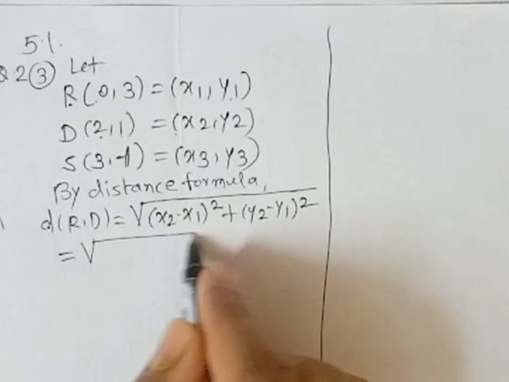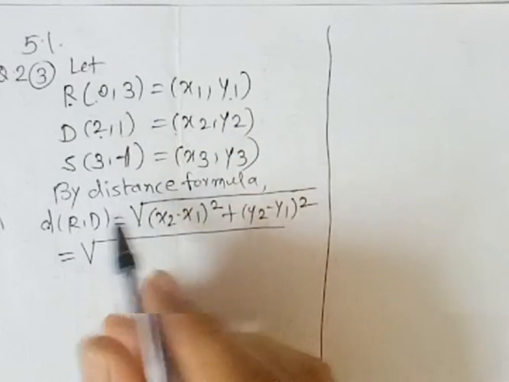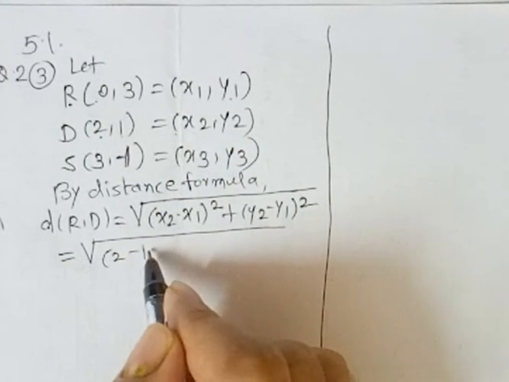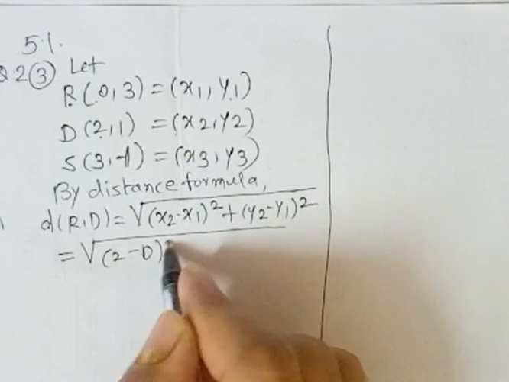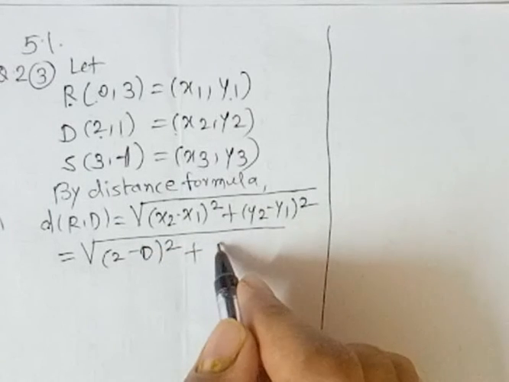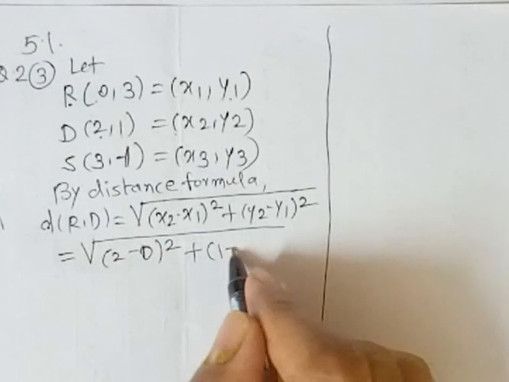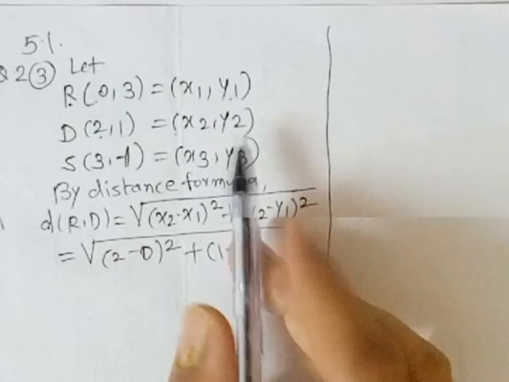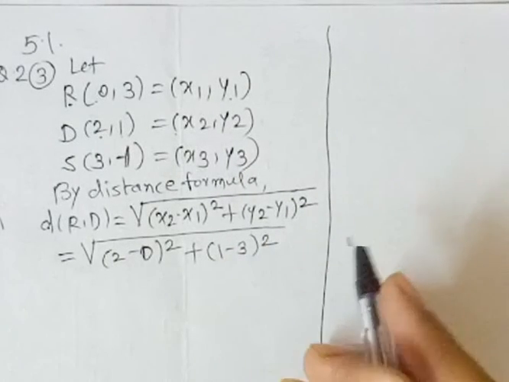This is equal to under root (x2 is 2 minus x1 is 0) to the whole square plus (y2 is 1 minus y1 is 3) to the whole square.